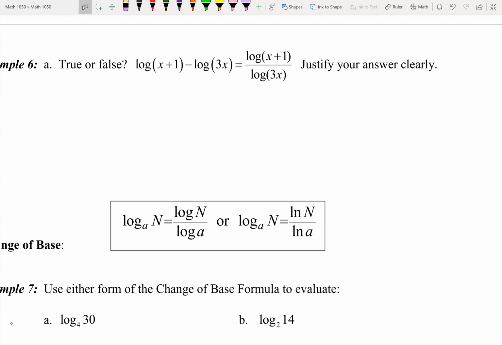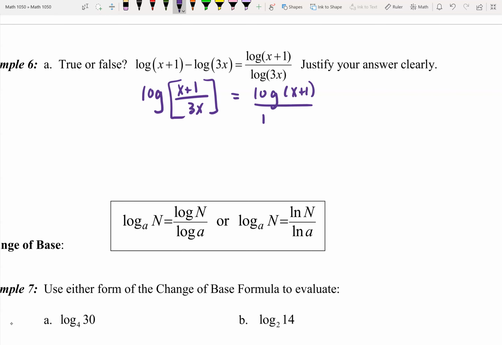And if it's condensed, you're supposed to write it just one time. So I don't know that it's for sure wrong, but it's certainly looking like it's wrong. So I'm going to rewrite the left-hand side as the log of (x plus 1 over 3x), and I'll add some parentheses right there. And the right-hand side, I'm not going to change.